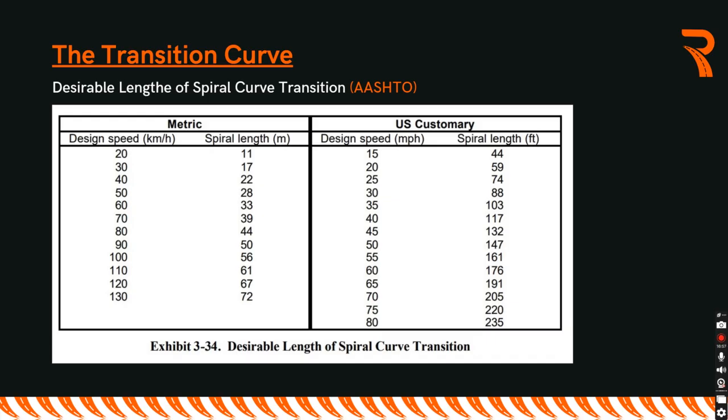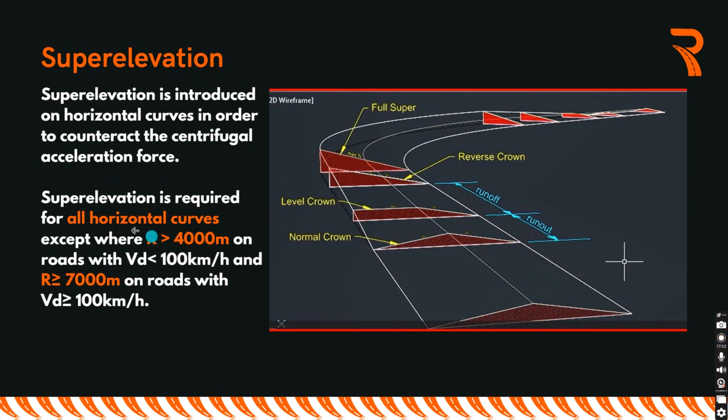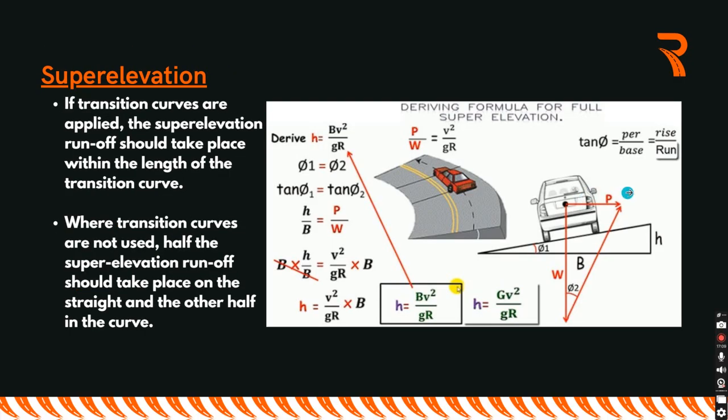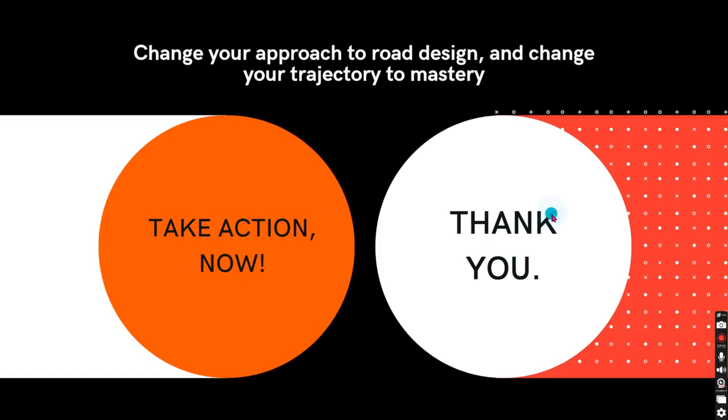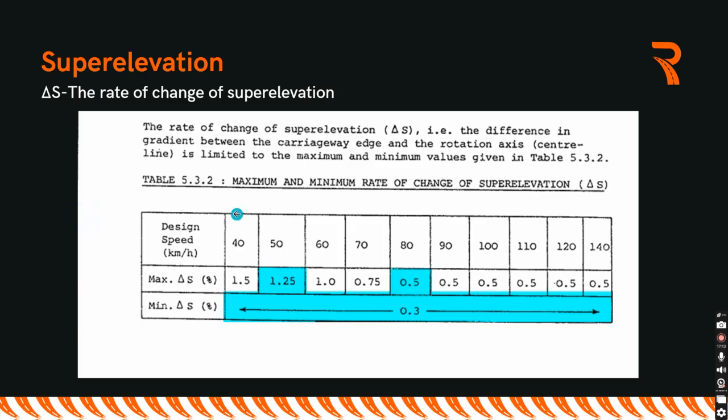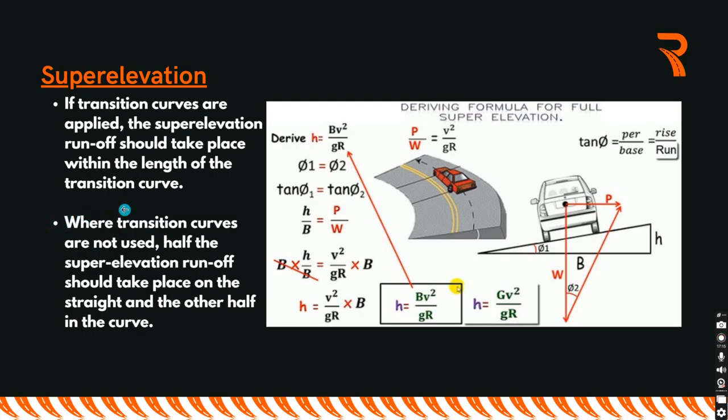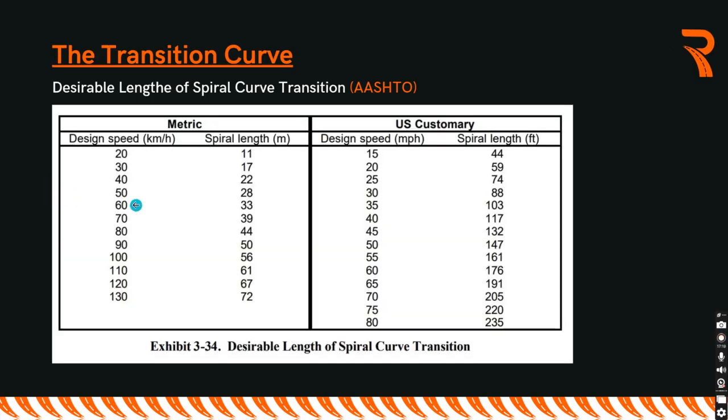But then again, if you increase it, it will be better to apply on site. And then of course we'll be talking about superelevation, but I don't want to talk about it at this point because we are going to have an entire session on superelevation. So these are just the guiding principles that are going to help you in the drafting of your horizontal alignment.